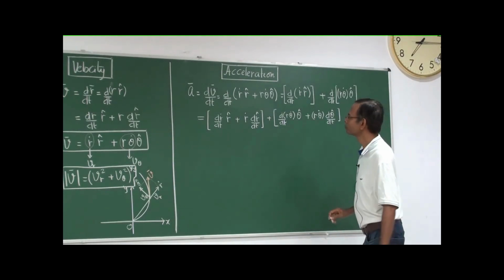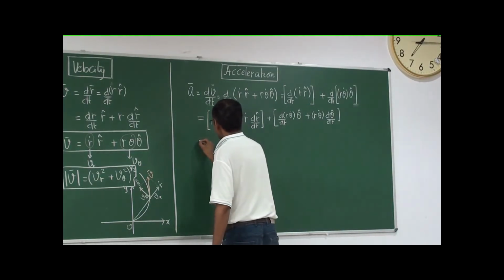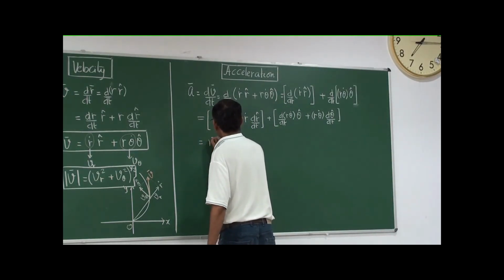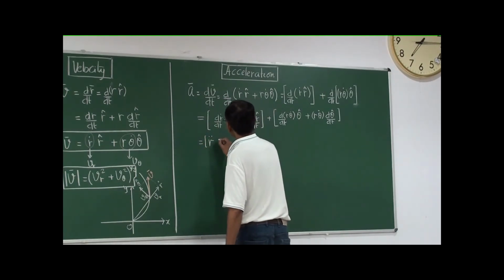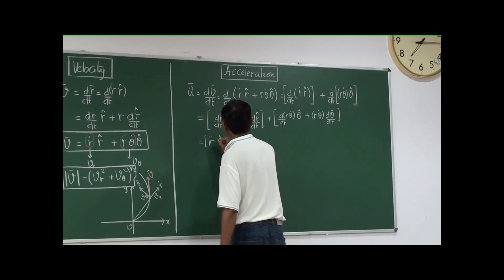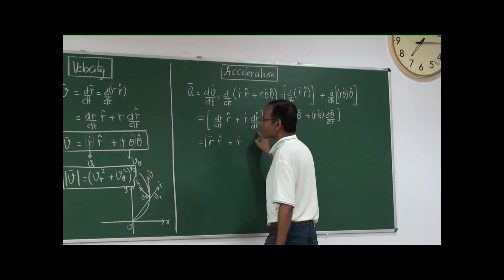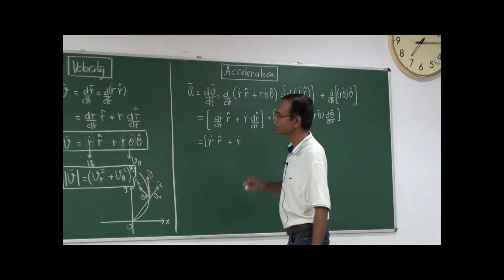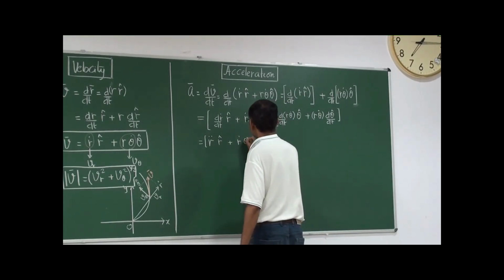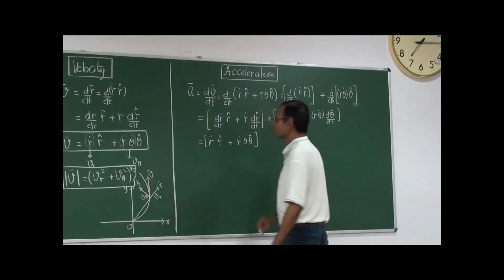This I can write: r double dot, still I will maintain this bracket so that I don't make a mistake, r cap plus r dot dr cap by dt, and dr cap by dt is theta dot theta cap. First bracket closed.